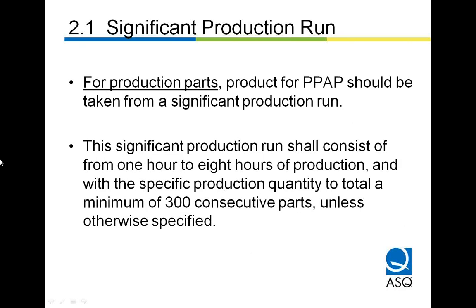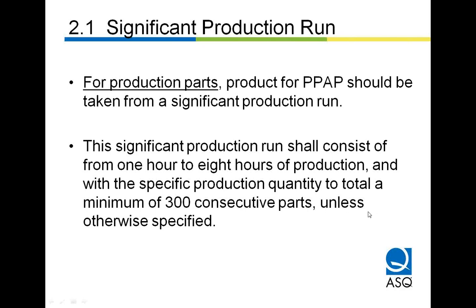What we're trying to do is to test the process. Is the process ready to go into production? Now, unless otherwise specified, there's a term used in the PPAP manual called a customer authorized representative.